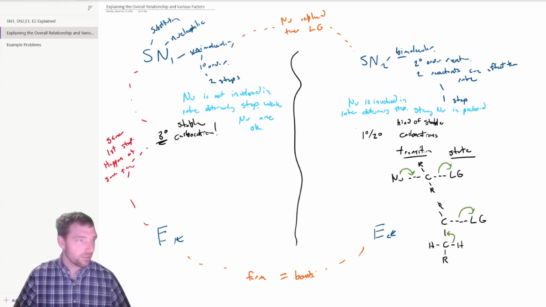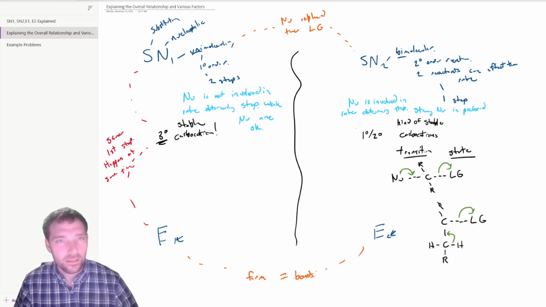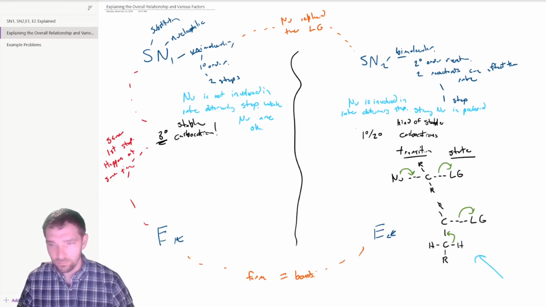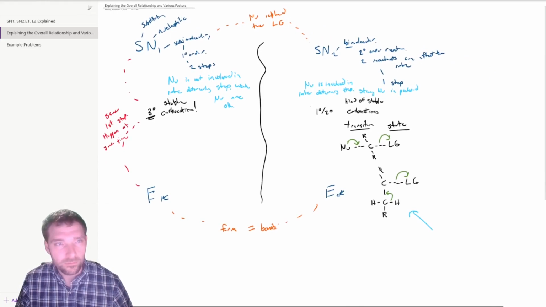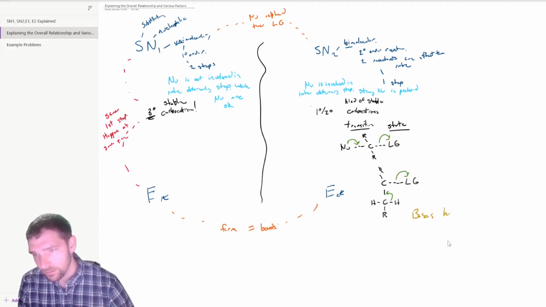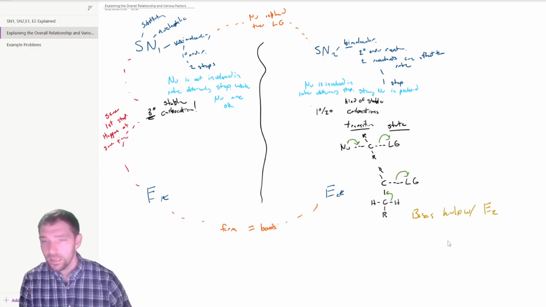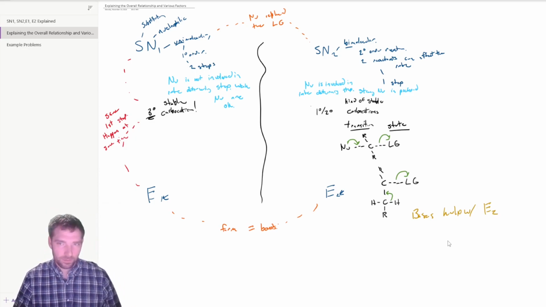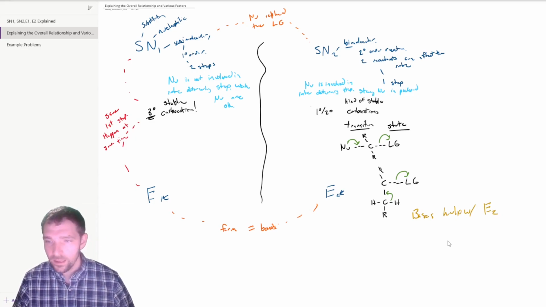So you can have that happen when there's a base present. So you can think, okay, now this is going to be with a good base. Maybe let's do that in a slightly different color. Bases help with E2, and a lot of bases are going to be pretty good nucleophiles.